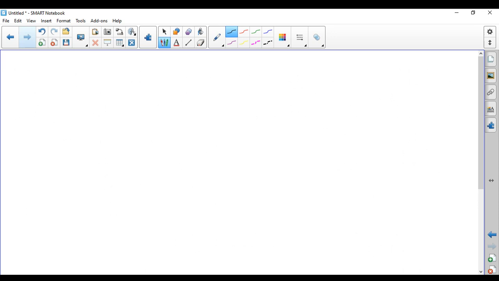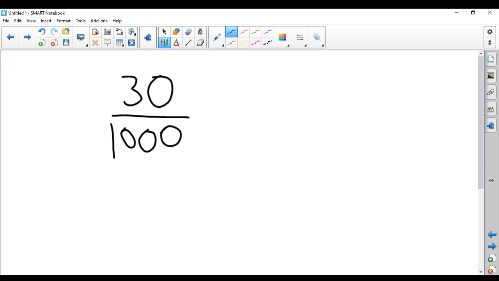So what you're supposed to be doing with some of your work is some converting. You're making that connection between fractions and decimals. With that in mind, it is only tricky if I have a big number in my fraction. For instance, I know that one of the questions deals with 31 thousandths.